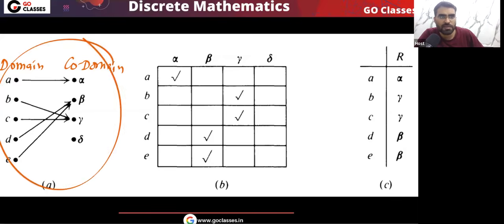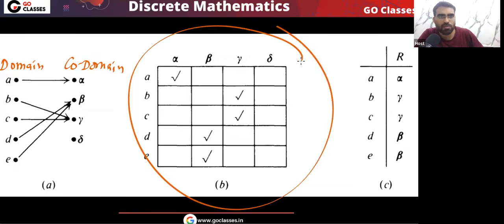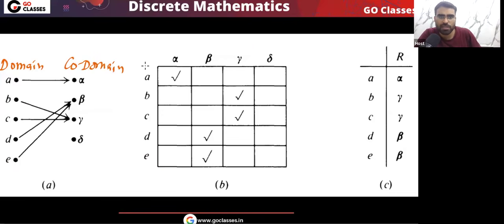This same function I can represent like this also. Here the domain we put on the rows, and the codomain we put on the columns. You can see A is mapping to alpha, B is mapping to gamma.